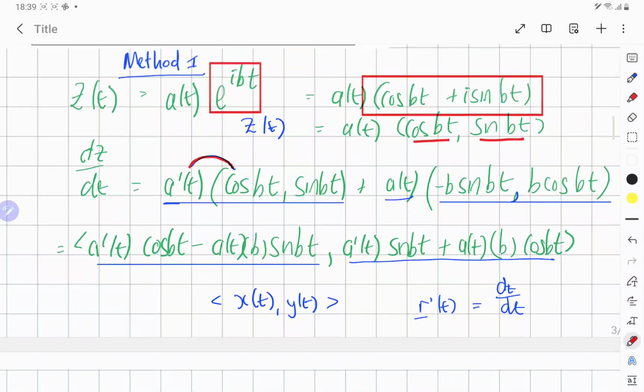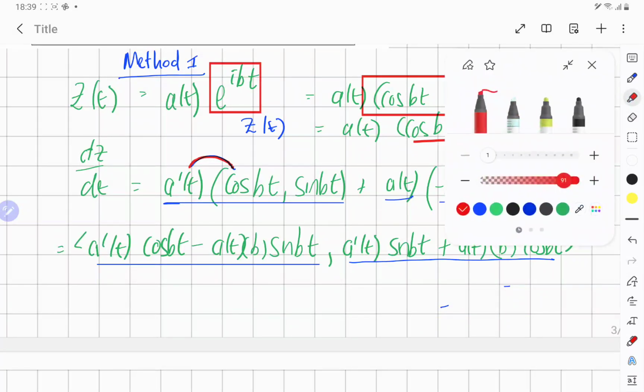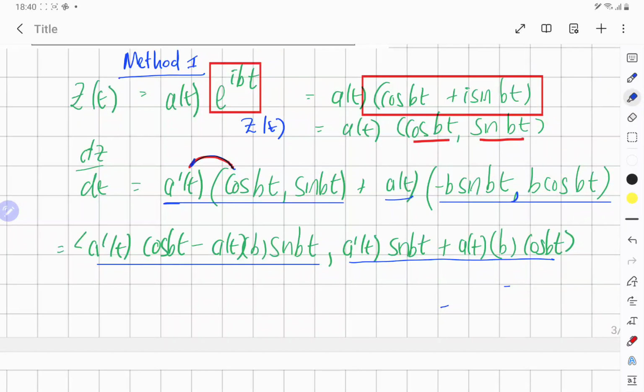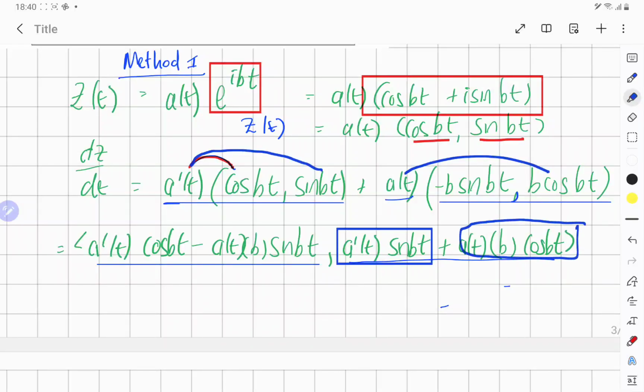Now I'm going to do my y component. So let's do the y component. I will distribute in. I will get a'(t) times sine bt. There I have my first part, and then I will distribute in here. I have my second part, a(t) b cos bt.